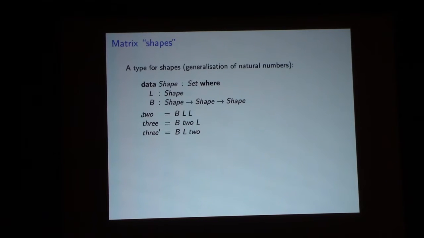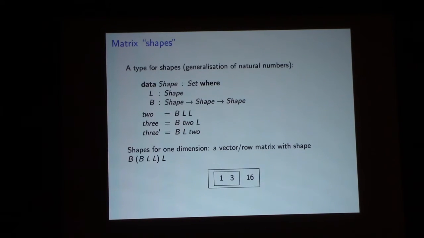They're a generalization of natural numbers, though I do not have a zero, but that's fine for describing matrices, since I do not want empty ones. A small example of using this is this row matrix, where we have a shape of branch of leaf, and a leaf at the end. And we get this block structure.